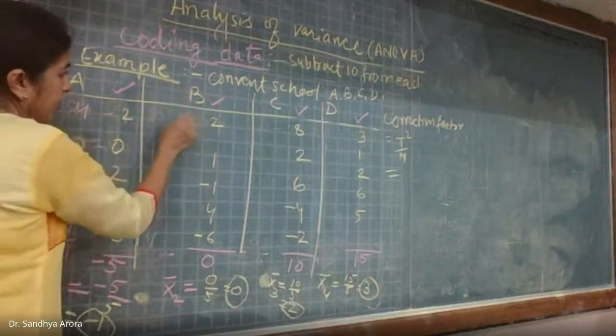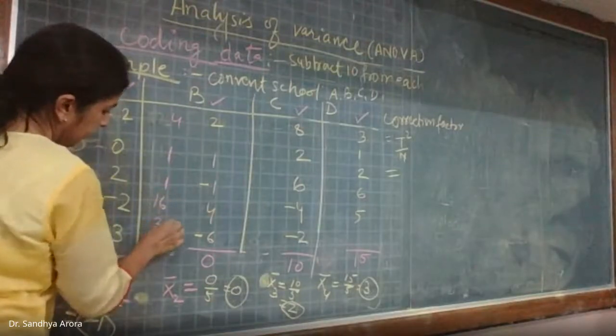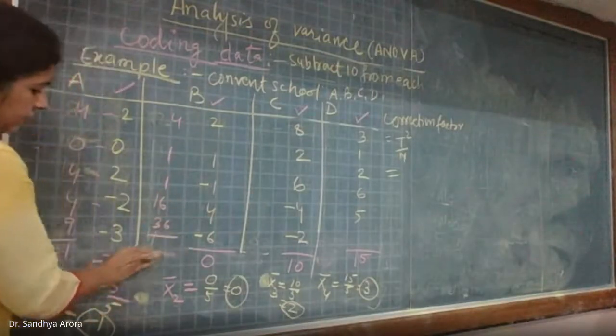Square of this data item: 2 का square 4, 1, 1, 36. Addition of this is how much?